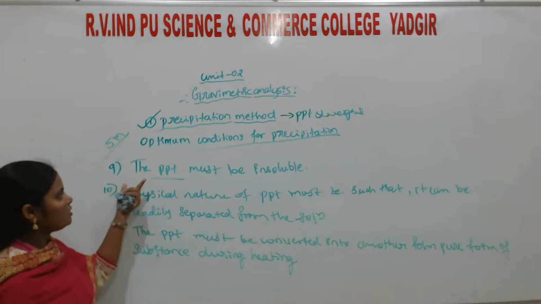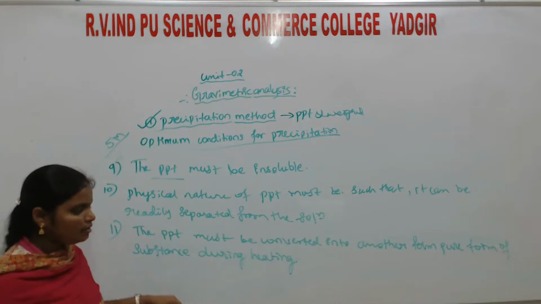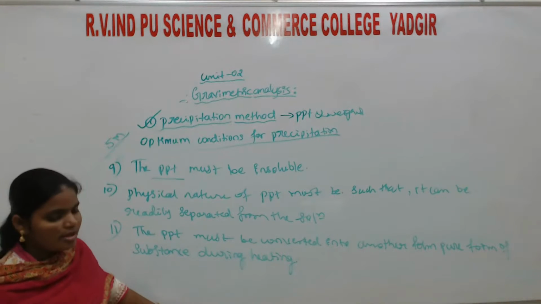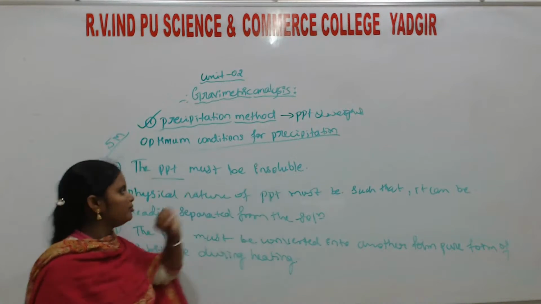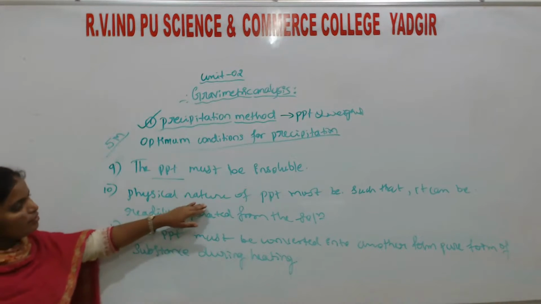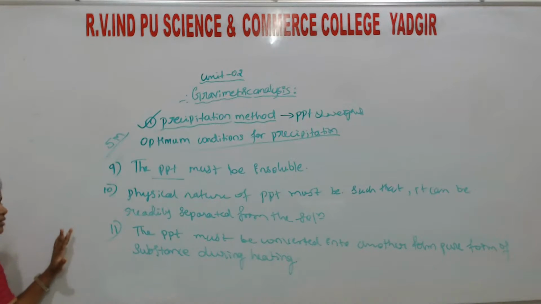The ninth one is that the precipitate must be insoluble. The physical nature of the precipitate must be such that it can be readily separated from the solution.